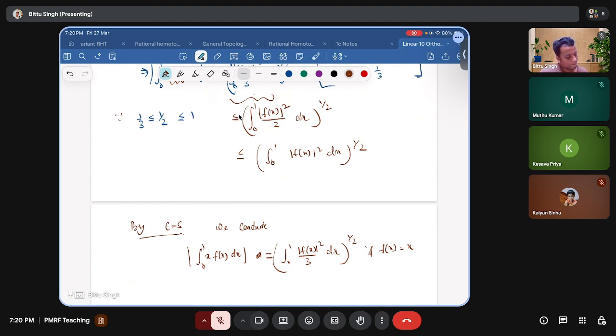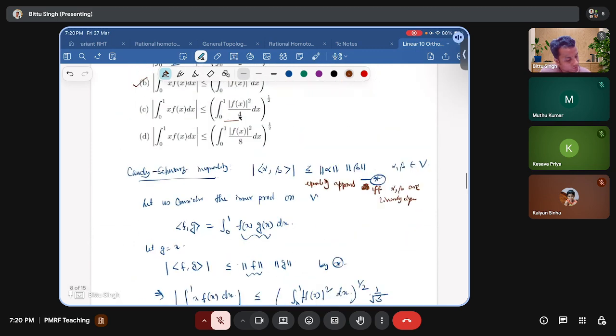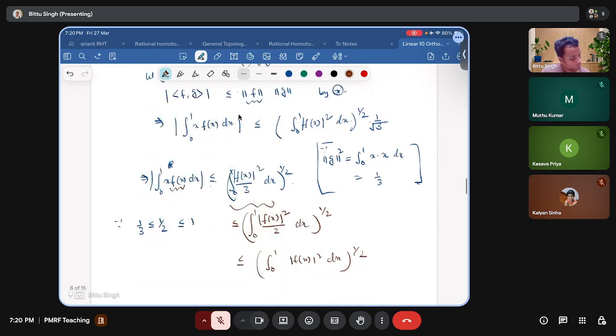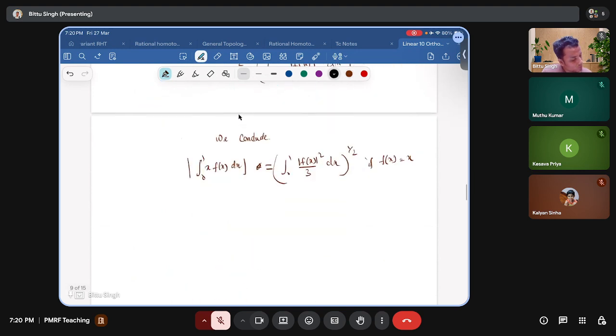So we can use this, and now you can see that you cannot produce this kind of inequality. If you divide by 1/4, the integral from 0 to 1 of this dx, you can see in general this is strictly less than.